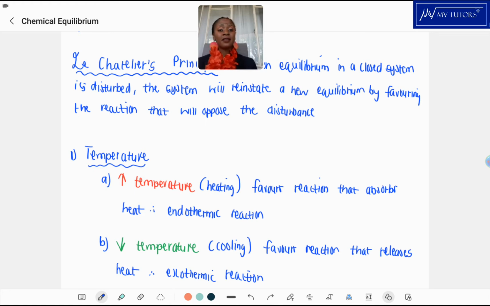Whereas endothermic reactions absorb, take in the heat for the reaction to occur. So when you increase temperature, what would happen? Increase in temperature in the form of heating would favor the reaction that absorbs the heat. So increase in temperature would favor the endothermic reaction.